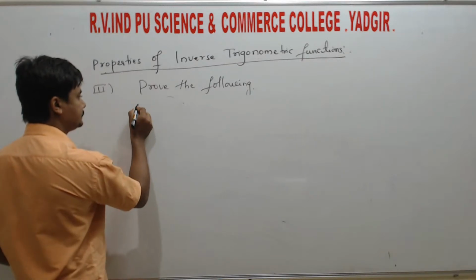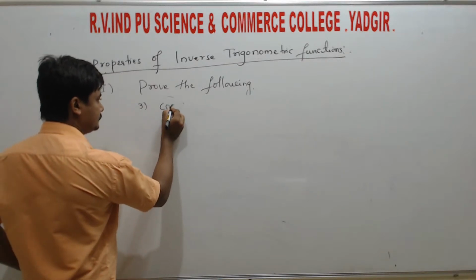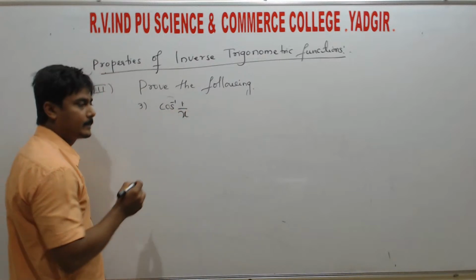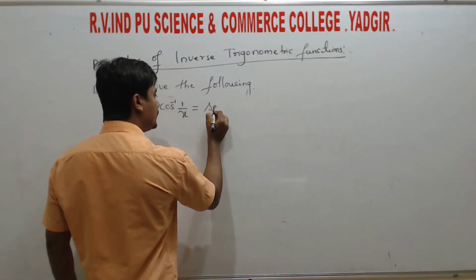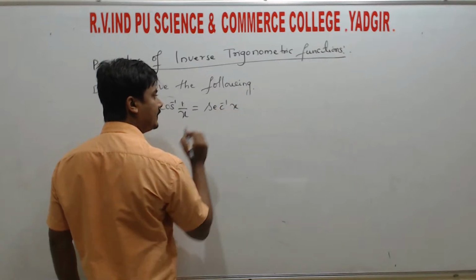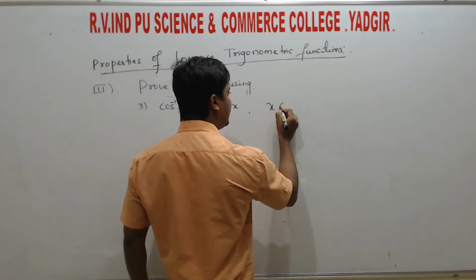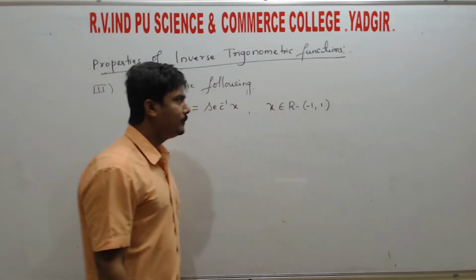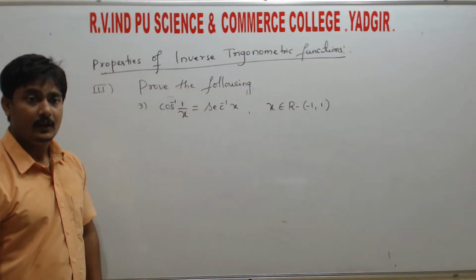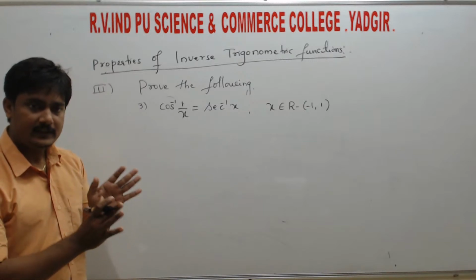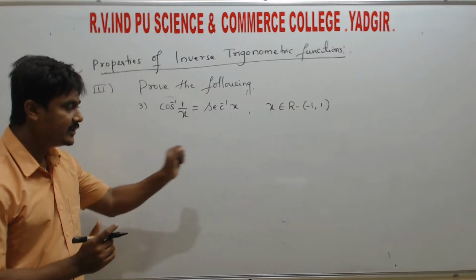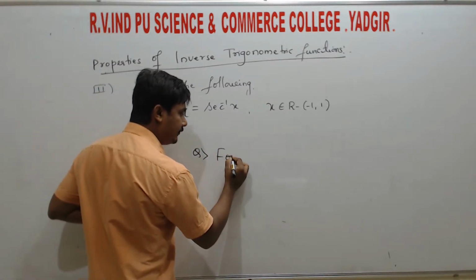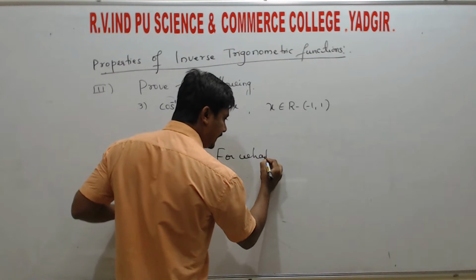Third one: cos inverse 1 by x is equal to secant inverse x, where x belongs to R minus the open interval minus 1 to plus 1. Dear students, there are chances that in our annual examination they may ask a question like this: for what values of x does cos inverse of 1 by x equal secant inverse x hold good?